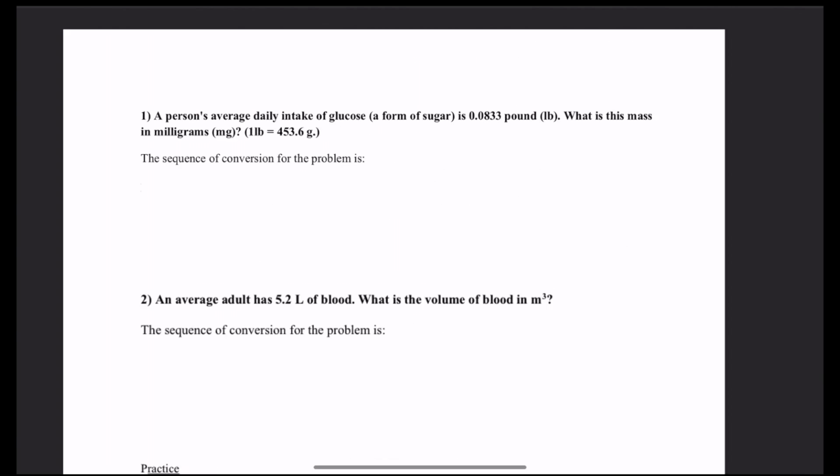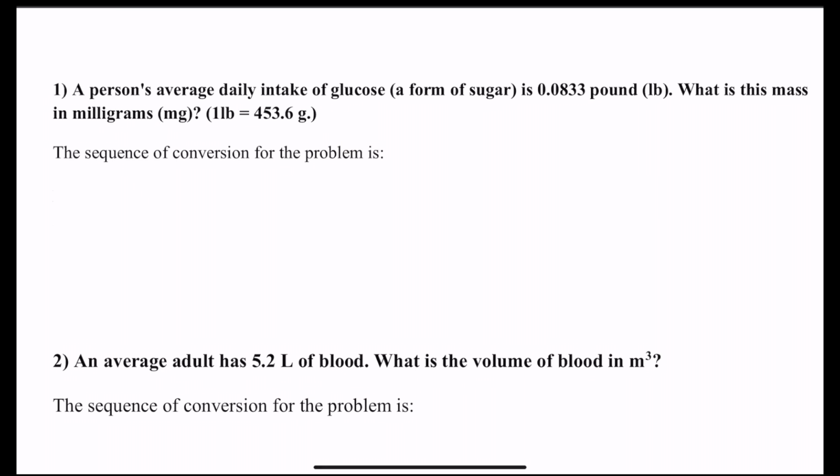So question number 1, it says a person's average daily intake of glucose is 0.0833 pounds. What is the mass in milligrams? And then the units given here is 1 pound is equal to 453.6 grams.